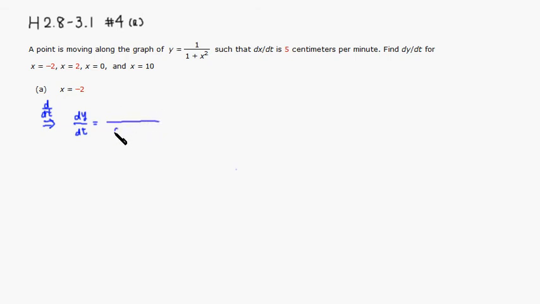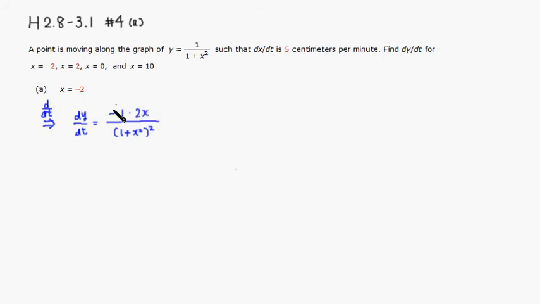Square the bottom, so you have 1 plus x squared. Derivative of 1 is 0, so I'm not going to write it down, times anything is 0. Minus top 1 times derivative of the bottom, which is 2x.